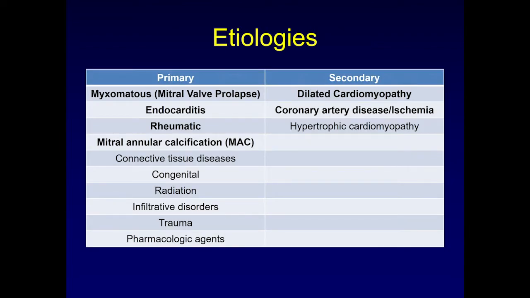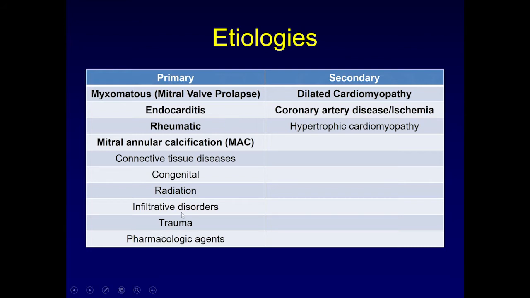Here I list for you the common etiologies for both primary and secondary mitral regurgitation. The ones in bold are the most common that you will see. For primary disease, obviously mitral valve prolapse or myxomatous disease is the most common reason for primary mitral regurgitation, followed by endocarditis, rheumatic disease, and mitral annular calcification.